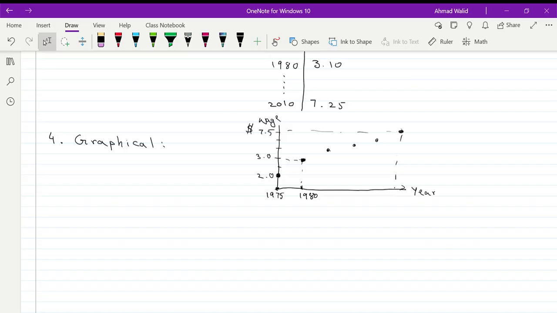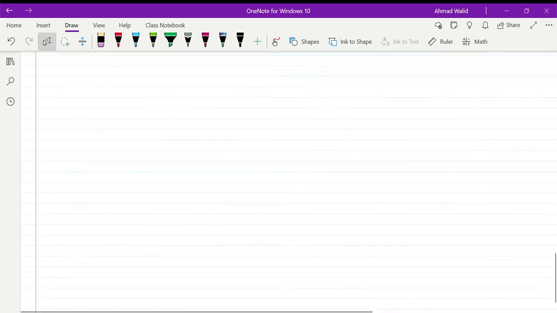Correct? Anyway, there are 4 ways to represent a function. Algebraic way, verbal way, by table, or by graph. And in these 4 ways you can represent any function. Any function actually can be represented in 4 ways.